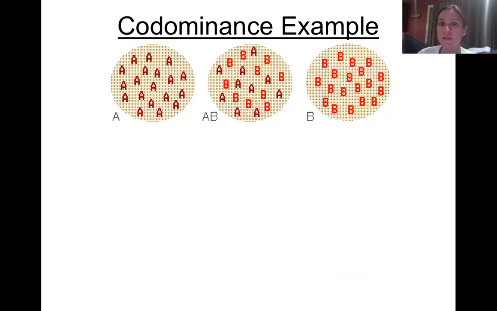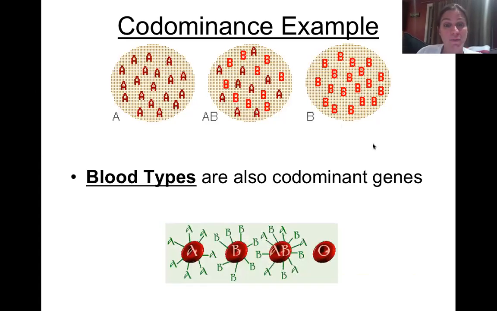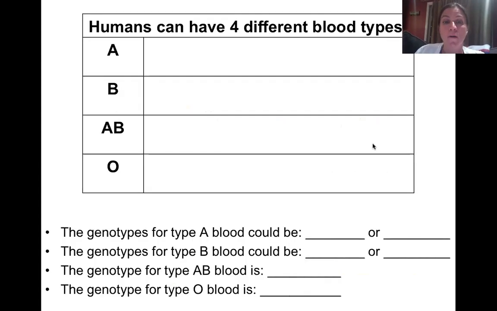In humans, the codominance example is your blood type, okay? So we talked a little bit about blood type already in the immune system. So in humans, you are going to have A, B, and O. So what happens is when you have A blood, let me just move this out of the way again, and up here.